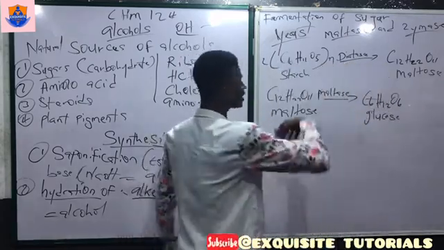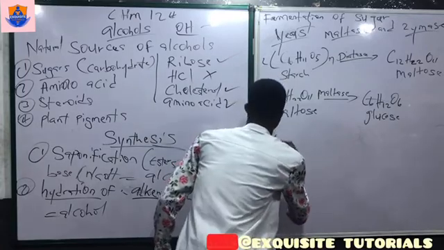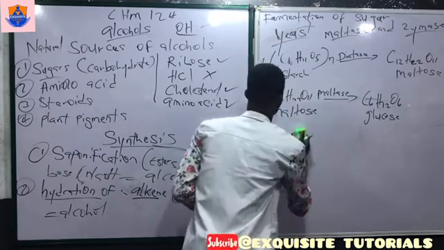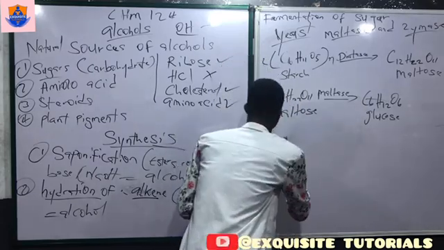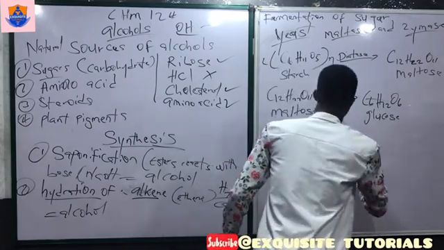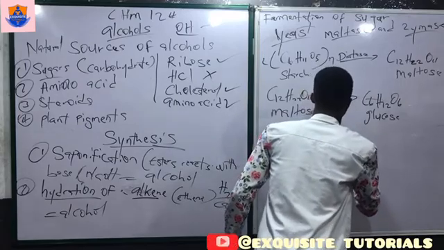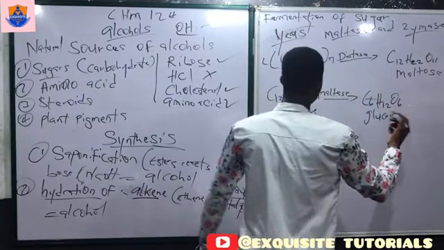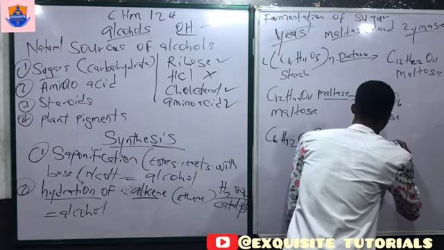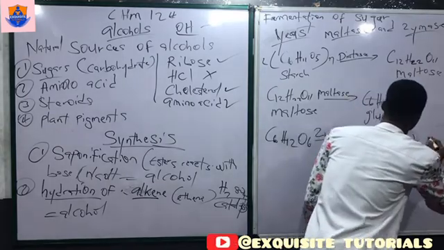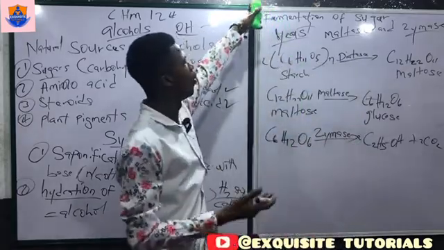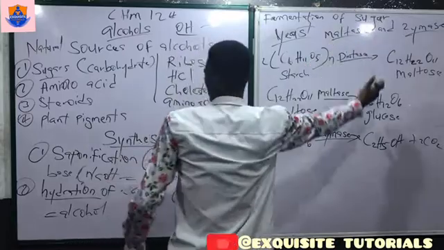Now, glucose, C6H12O6, in the presence of zymase as a catalyst, gives you alcohol, which is C2H5OH plus CO2. So this is how the fermentation of sugar works to give you an alcohol.